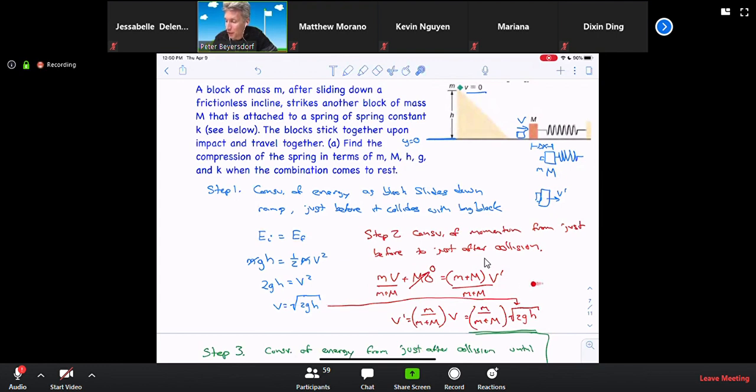That would give me an extra thing that I didn't know. Instead of one velocity after the collision, there'd be two. And I would have to write an equation for conservation of energy during the collision to solve for that second unknown. So the math would get more cumbersome. There'd be more equations with more unknowns. But the work that we did would still be valid. We would just have to rewrite it to account for the blocks not sticking together.